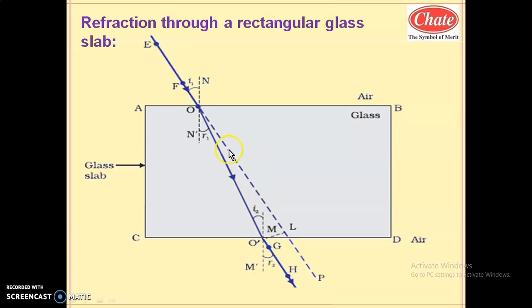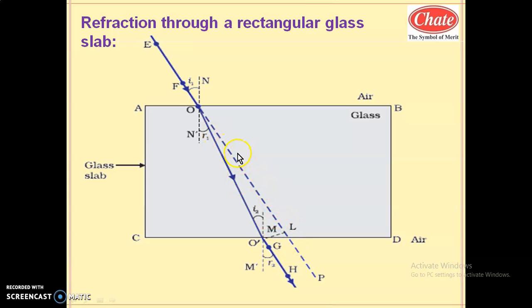Now, without the glass slab, the path of the light ray would be straight. So draw a straight line of the incident ray with a dotted line. If the glass slab were absent, the light ray would travel the straight path.